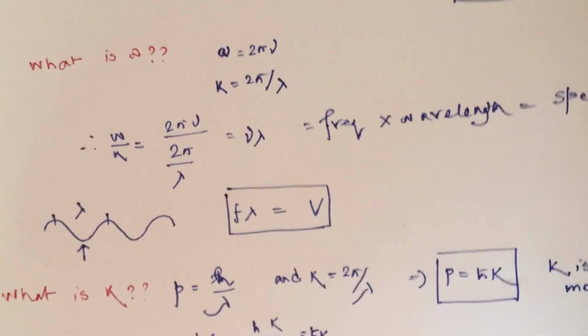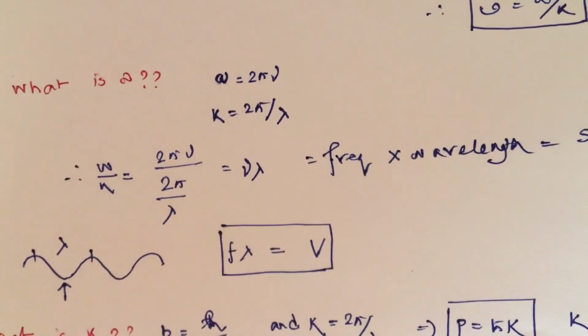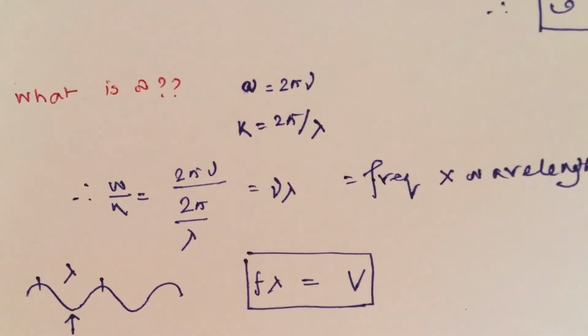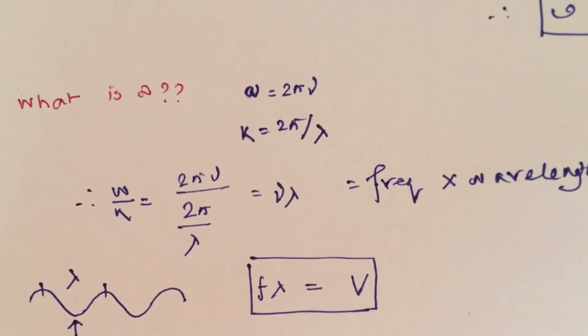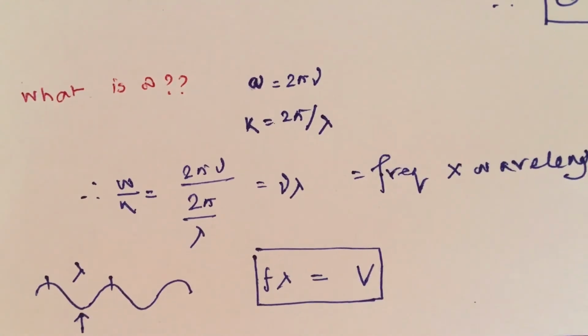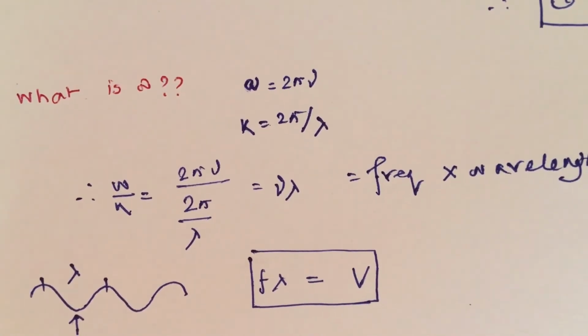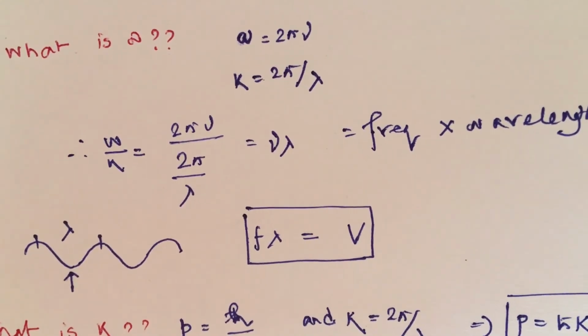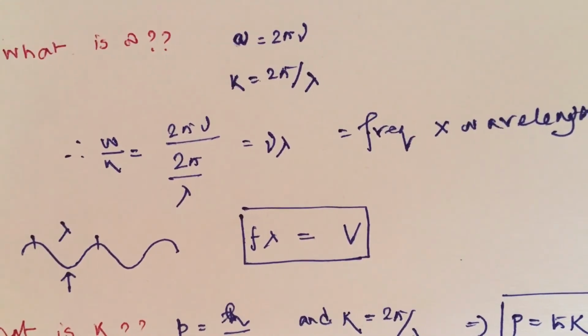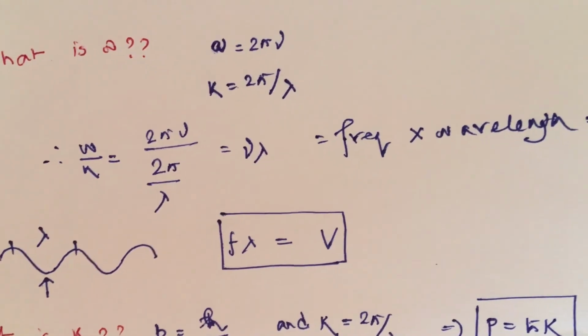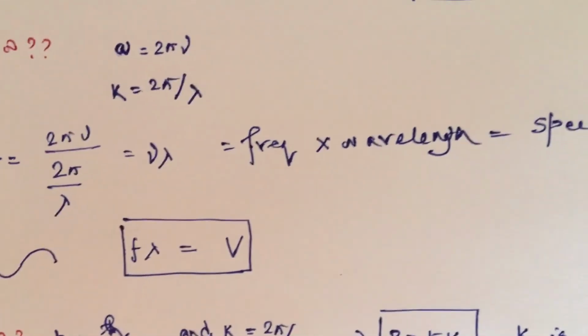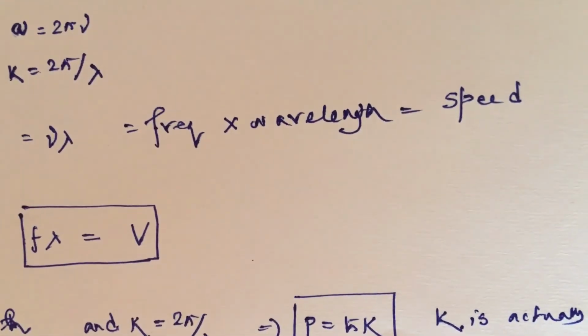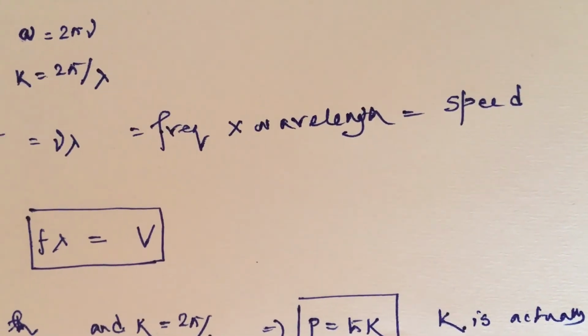What is omega? We know that omega is the circular frequency, and its relation with the linear frequency is omega equal to twice pi nu or twice pi f. k is the wave number, k equal to 2 pi by lambda. So omega by k is nu into lambda, that is frequency into wavelength, and we know that frequency into wavelength is nothing but the speed.